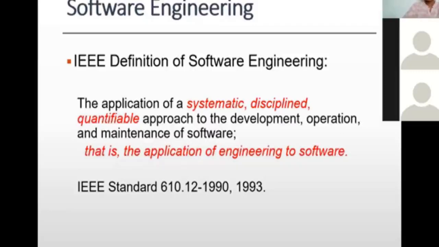We need a particular process or a particular plan to follow. Otherwise, we cannot create the software properly. That is not the ad hoc method. We just need to follow a process or plan, so that is systematic.